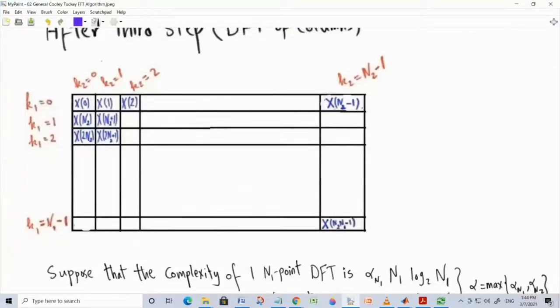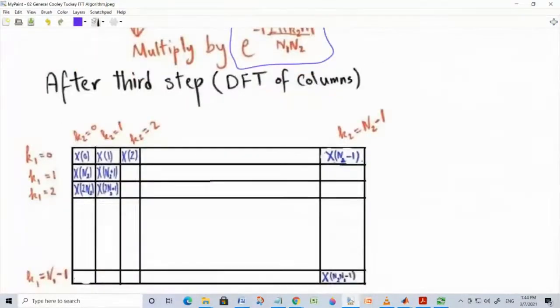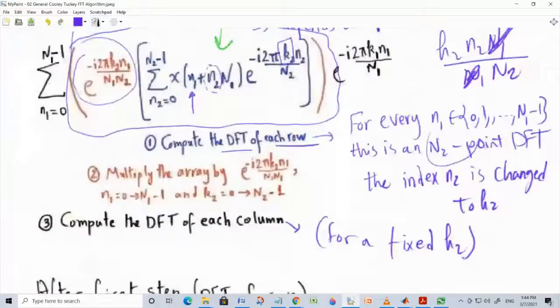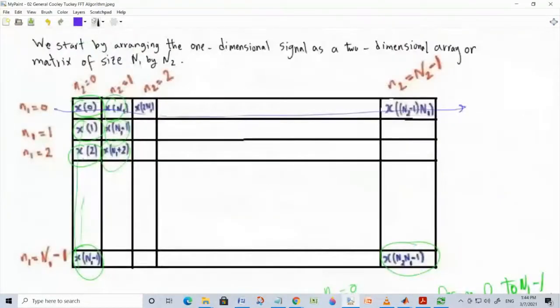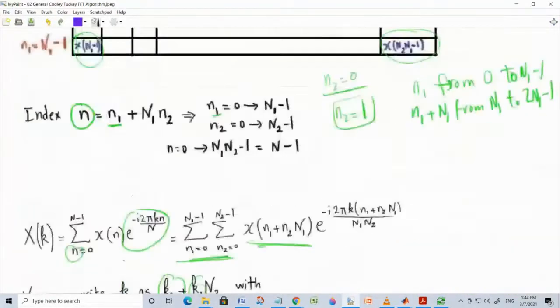What you are left with is the original required N1 N2 DFT, but it is in a 2-dimensional form, but you can read it out. You read it out like this: X of 0, X of 1, X of 2 up to X of N2 minus 1, then X of N2, and so you read it row by row. You write it column by column, but you read it out row by row.